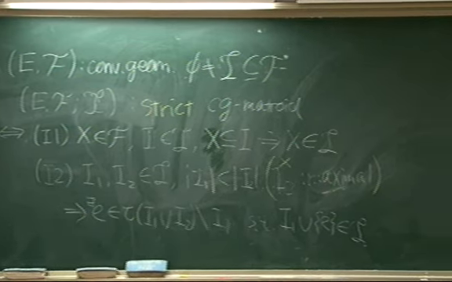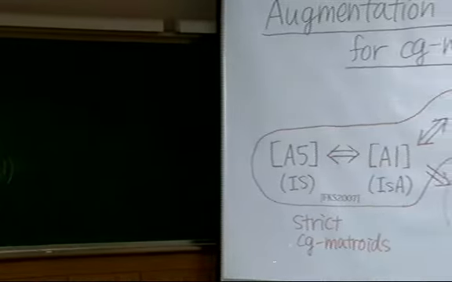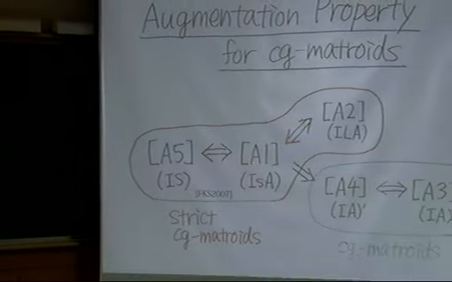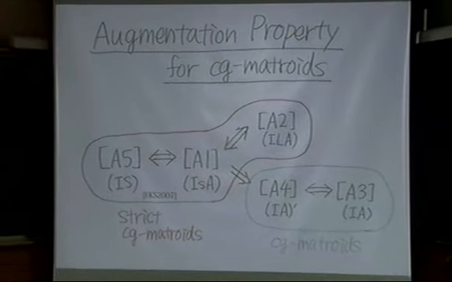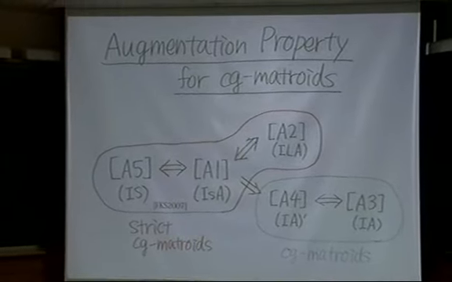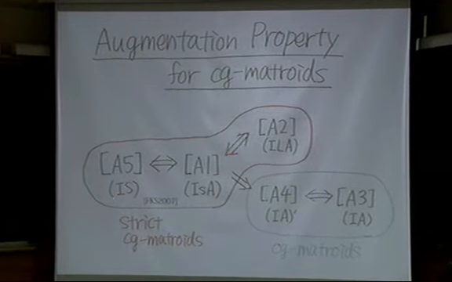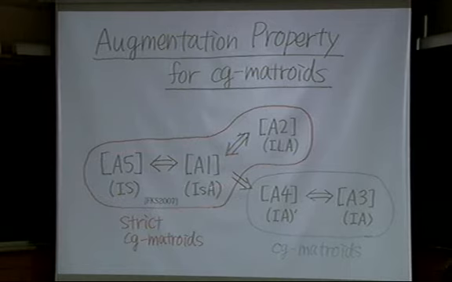And we can characterize strict CG matroids as follows. If we use this A1 type augmentation property as the definition of strict CG matroids, indeed A2 and A5 type augmentation properties are also equivalent under this condition.